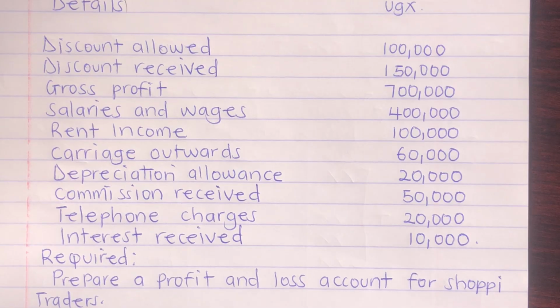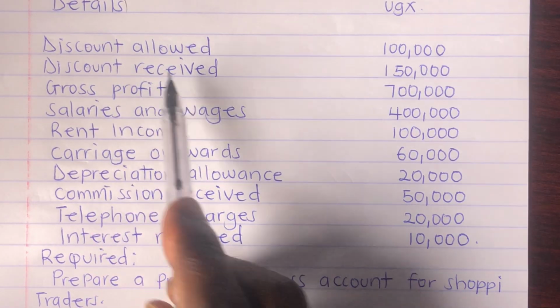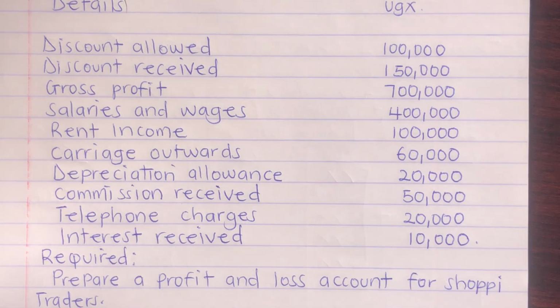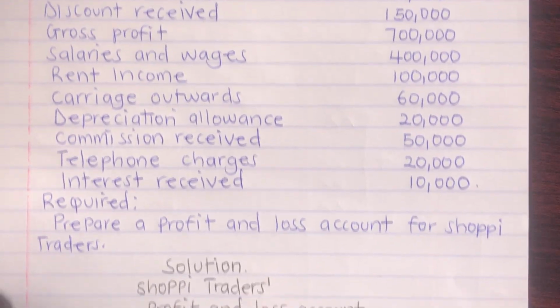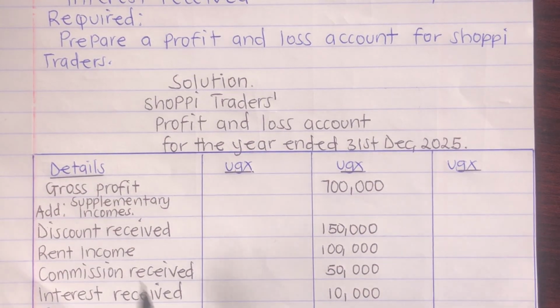Let's say our business made purchases of 1 million, and they say we are giving you a discount of 100,000, and you pay the 900,000 instead of the 1 million. So the other business is losing the 100,000, and you're gaining, because you were meant to pay 1 million, but now you're paying 900,000. So you're going to save that 100K, and that is a supplementary income too.